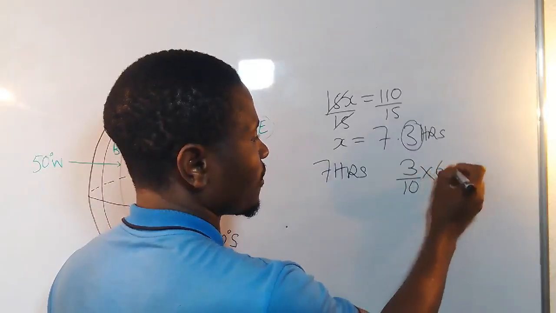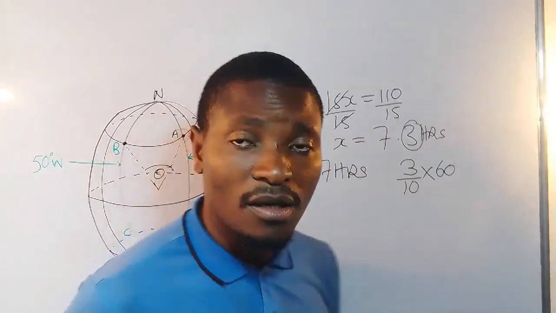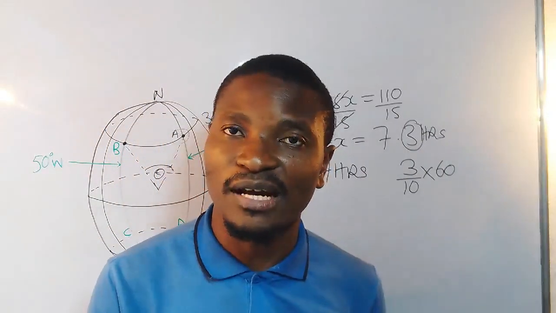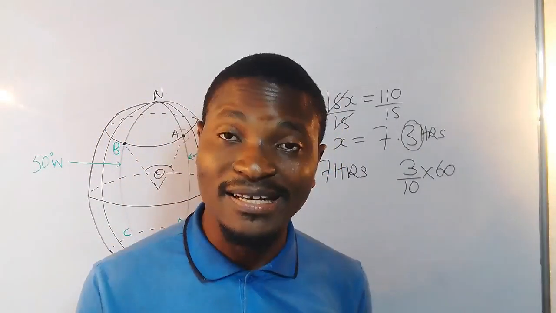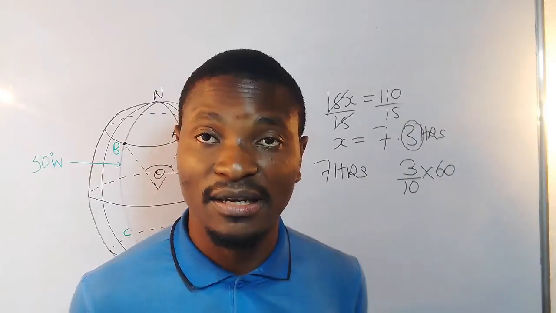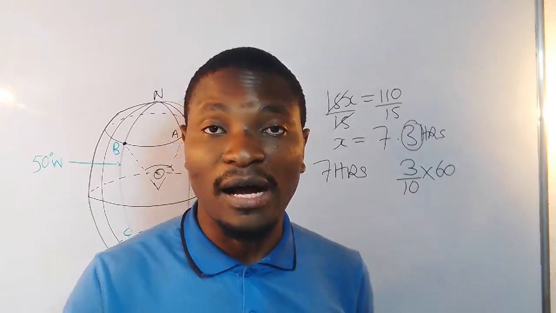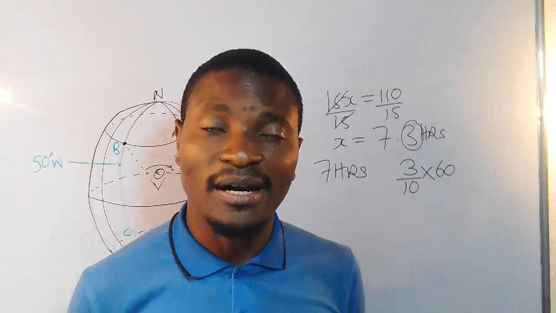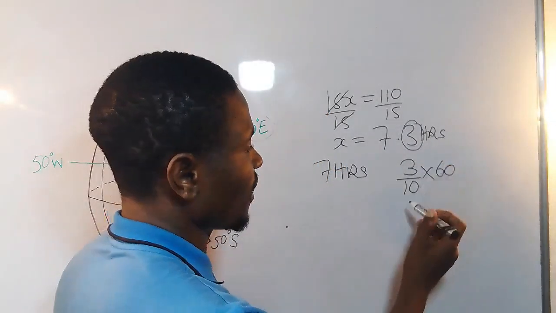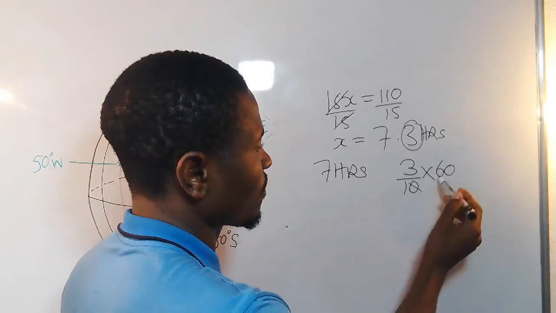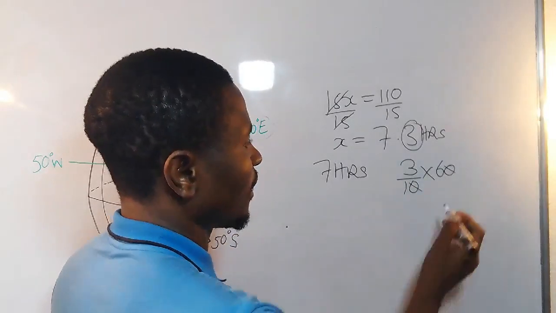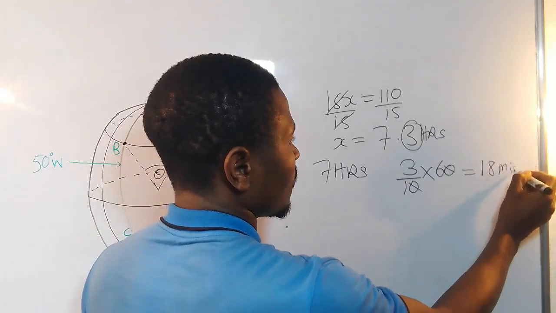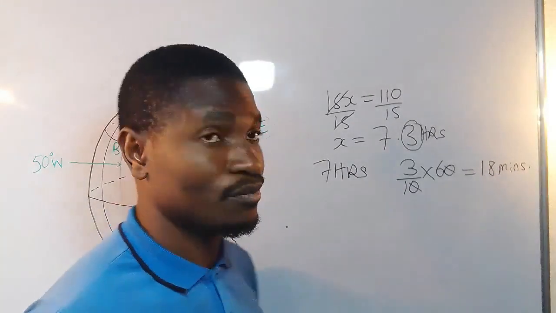So multiplied by 60. The 60 is coming about because we know that 1 hour equals 60 minutes. That is the reason why the 60 is coming about. So make sure you understand that. From there, this evaluates to 18 minutes.